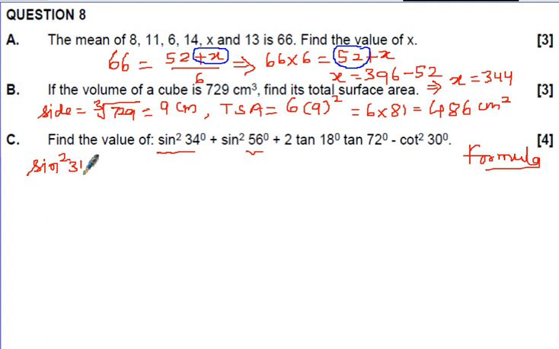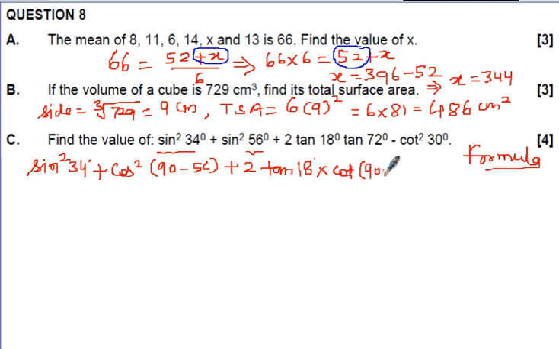So sine square 34 plus, we can write here cos square 90 minus 56. So cos 90 minus theta is sin theta, and then here 2 18, and this you can change cot 90 minus theta.